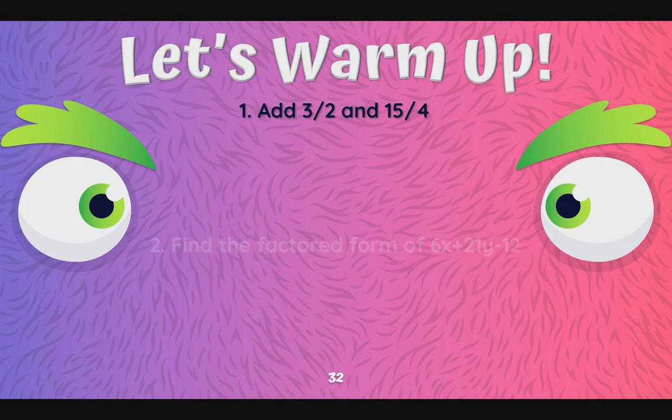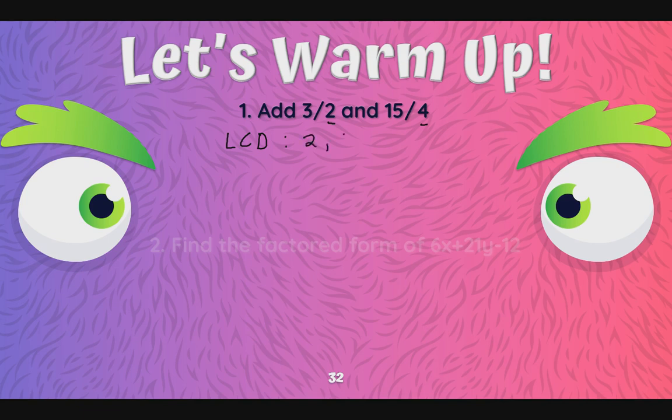Add 3 halves and 15/4. So in adding dissimilar fractions, we all know that we should first identify the least common denominator of the denominators 2 and 4.